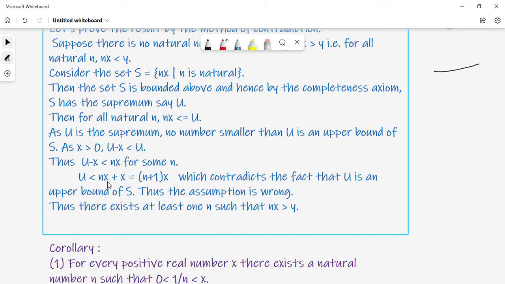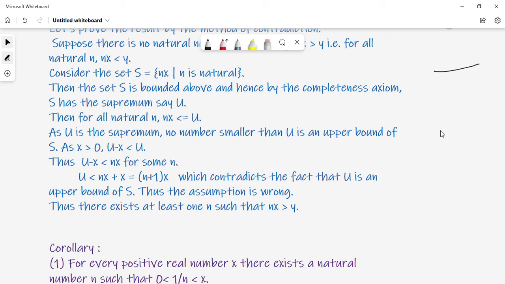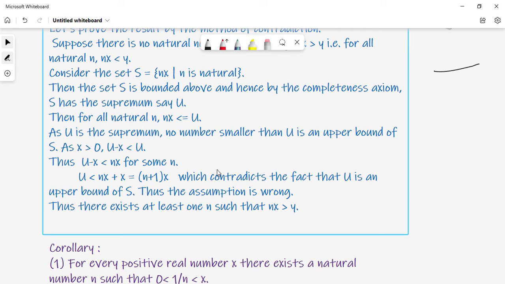U less than nx plus x, which is equal to, with x common, in brackets we are left with n plus 1. But we know n plus 1 is a natural number, and we are getting U smaller than a natural number times x. This is a contradiction because we have supposed there is no natural number satisfying this condition.